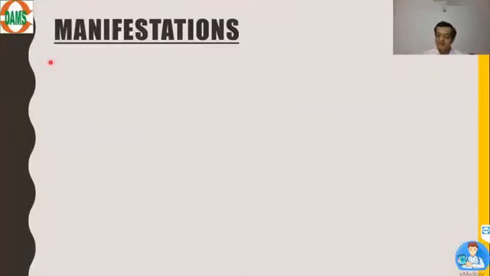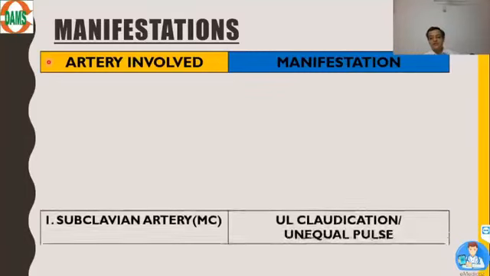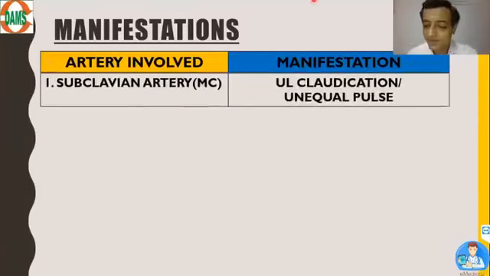Now, manifestation. What is there? Manifestation depends upon artery involved. So we'll make a point here. What is this artery involved and the manifestation? One by one we will write.